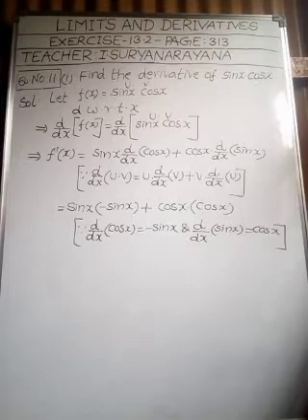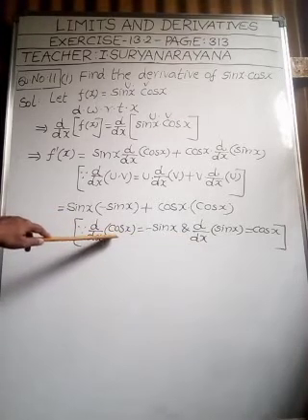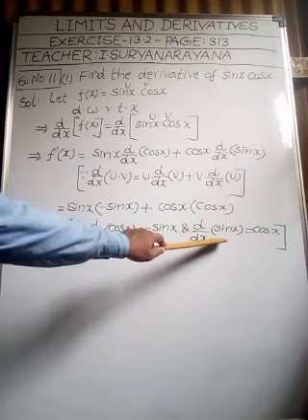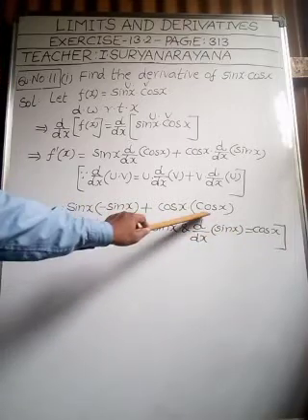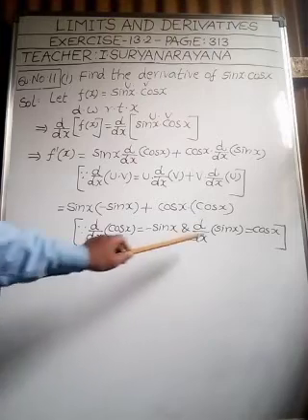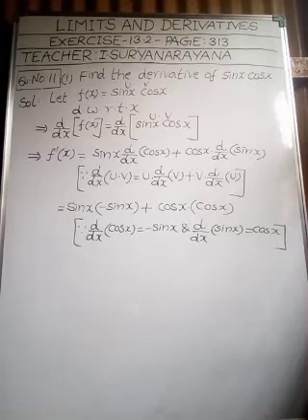By using these two standard derivatives, the derivative of cos x is minus sin x, and the derivative of sin x is cos x. So we wrote these two values by using these two formulae. Okay, my children, understood this step? So the derivatives part is over, the differentiation part is over.